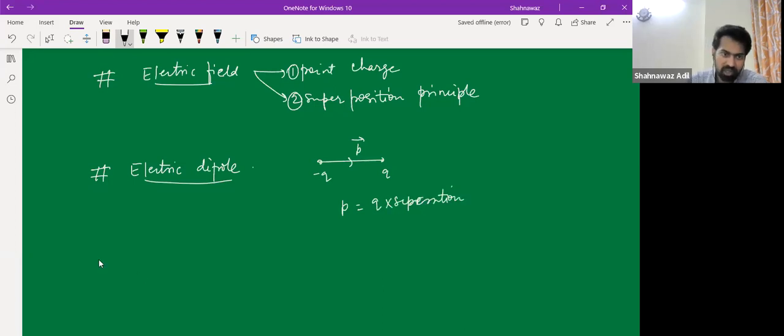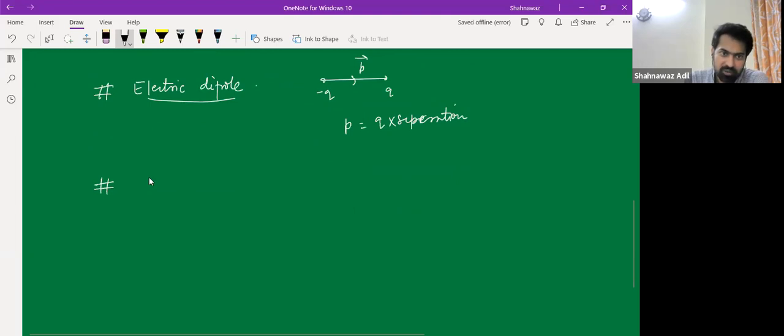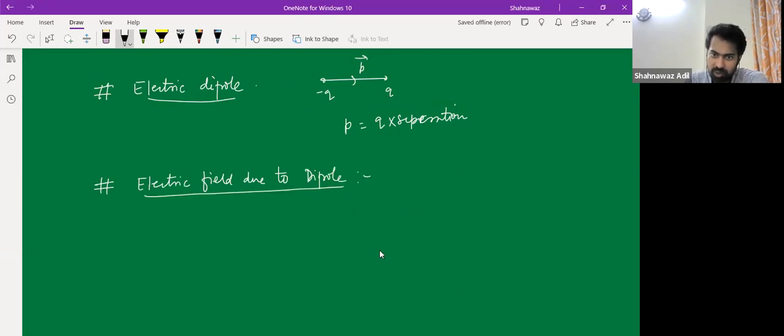Right, and after that, we learned about the electric field due to a dipole. In the electric field due to a dipole, we learned about two positions, right?